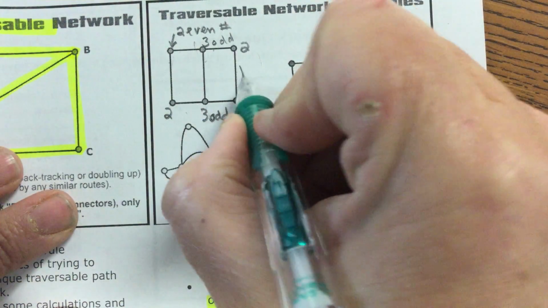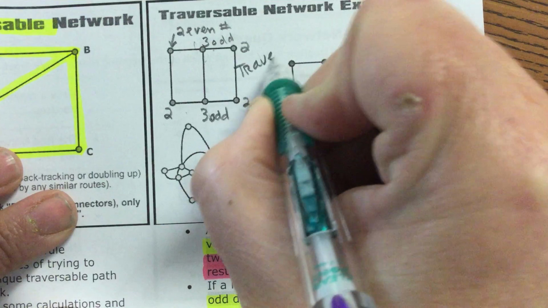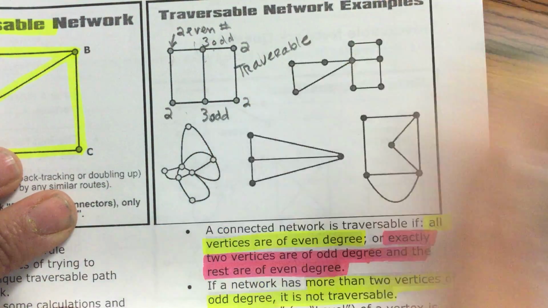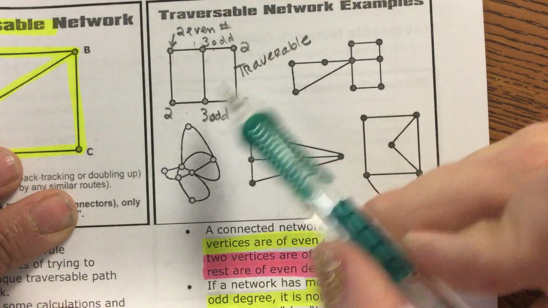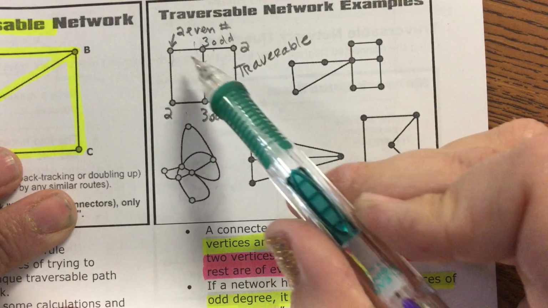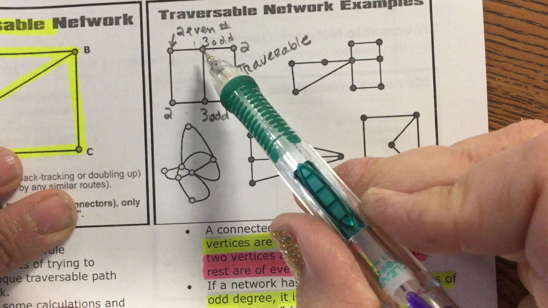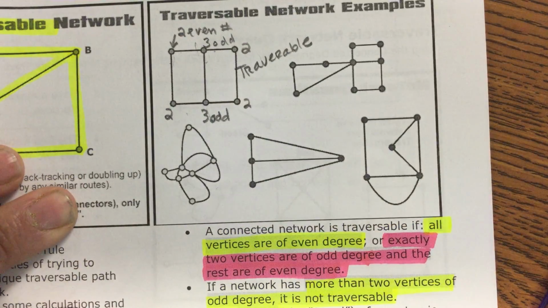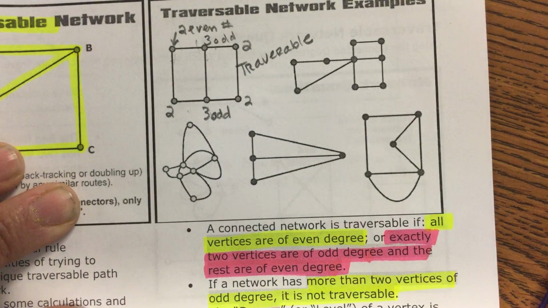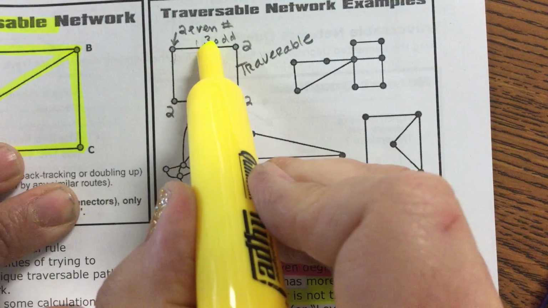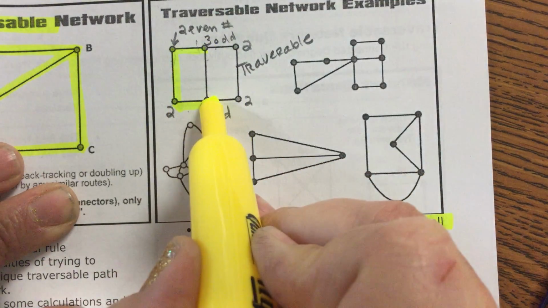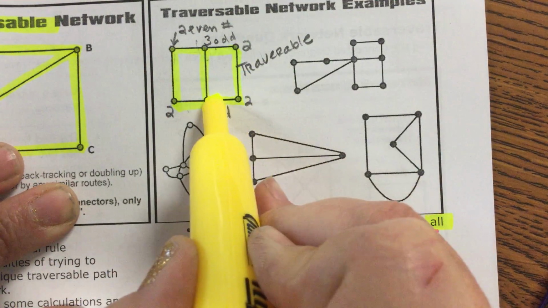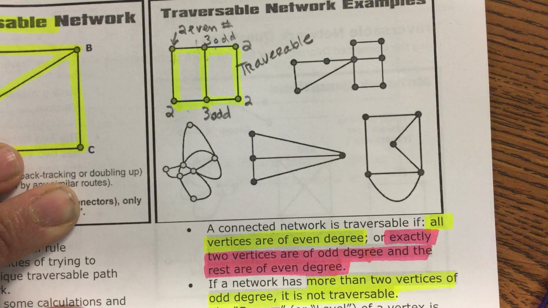I can say that this is traversable. In other words, there's some way for me to trace this without picking up my pencil. Here is the way I could trace it: I could start here, down, over, up, this way. I never went over one twice.